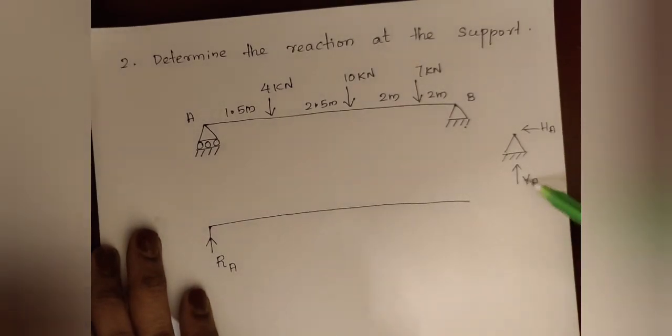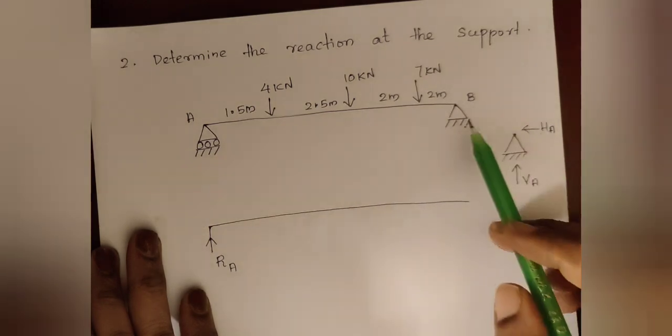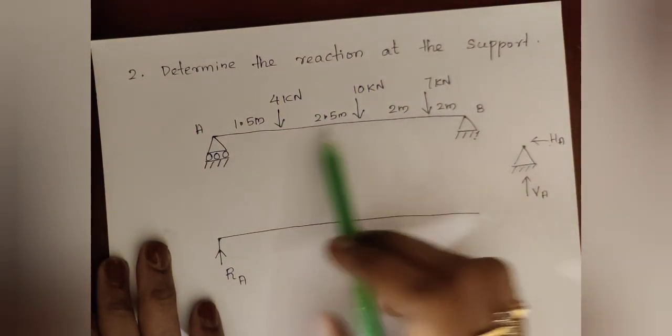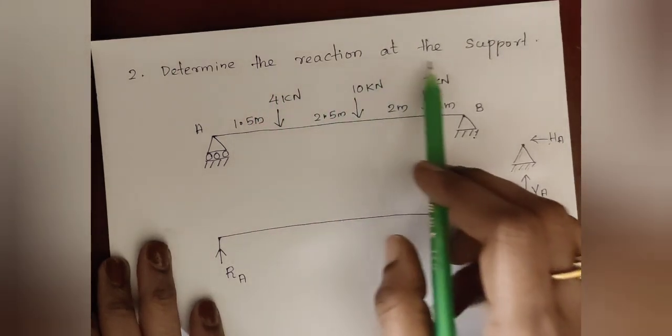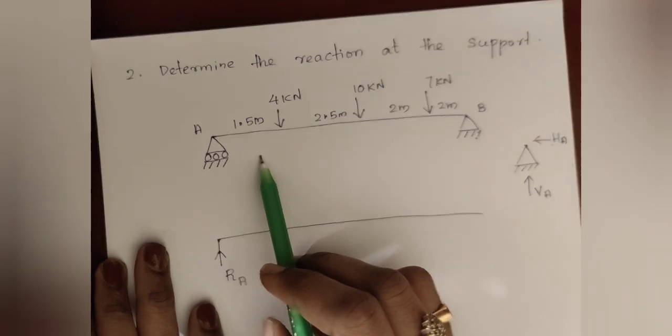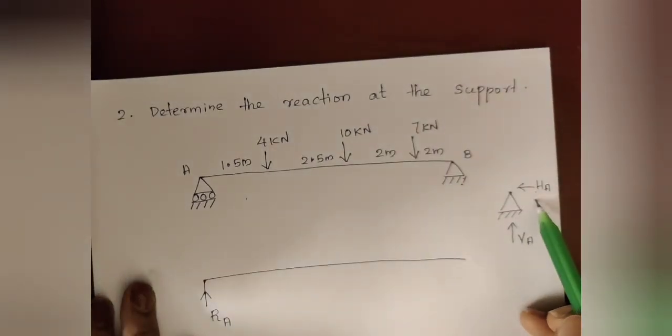So before marking these reactions at the hinge support, you have to refer to the external load. Here you can see all the external loads are vertical. So there is no need to draw this reaction HA because there is no external horizontal load.